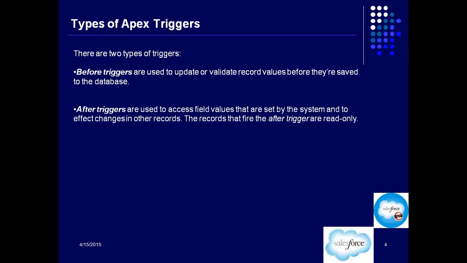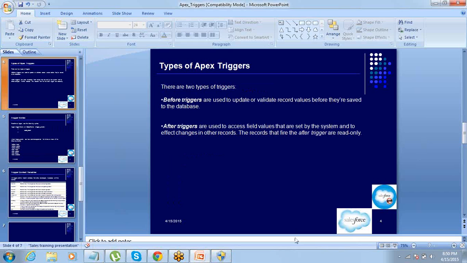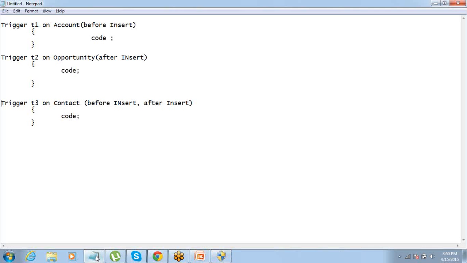Maybe because I want to make some changes on some other records, because this record already got saved, right? I might have a requirement to update some other record or create some other record. So that is why we use the after triggers. All right. So that's about the trigger thing.